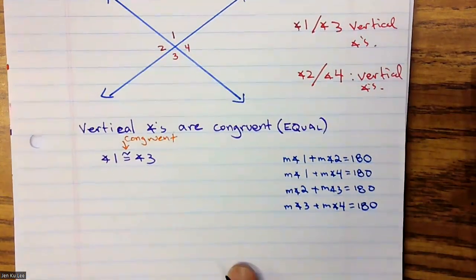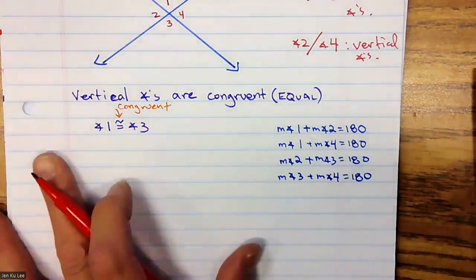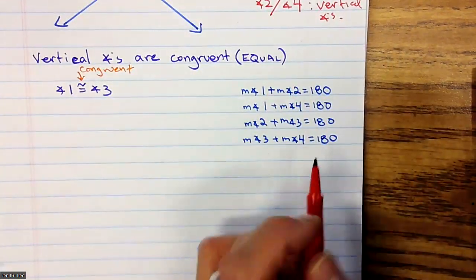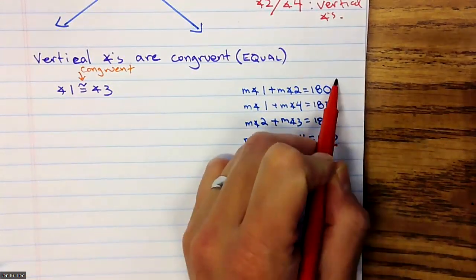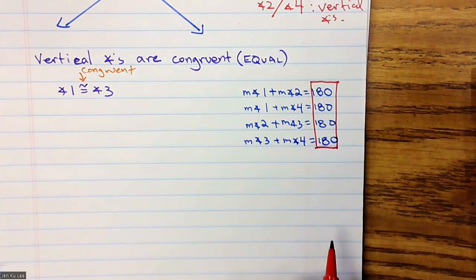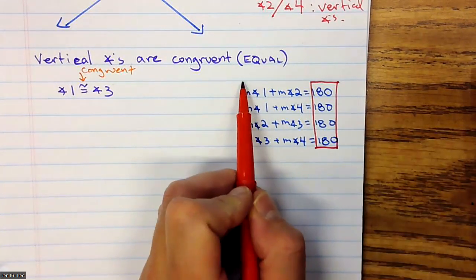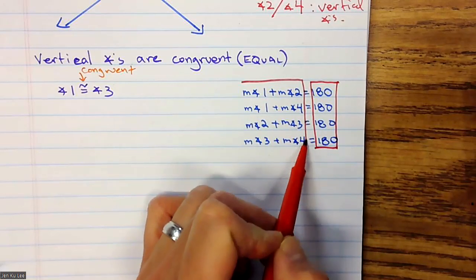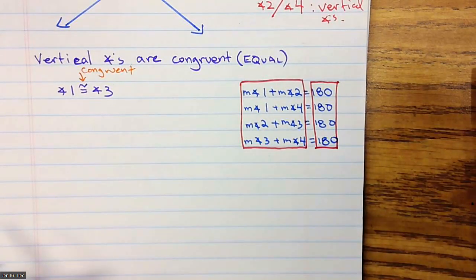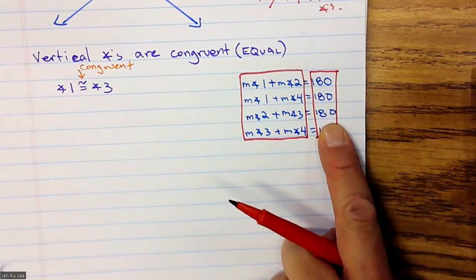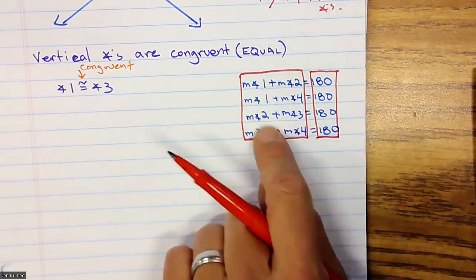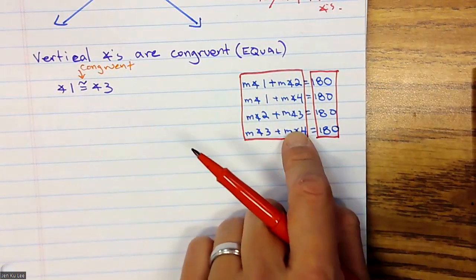So if I just look at these statements, they all equal 180, so they're all equal to each other. Since they're all equal to 180, I can say that all of these are equal to each other as well.